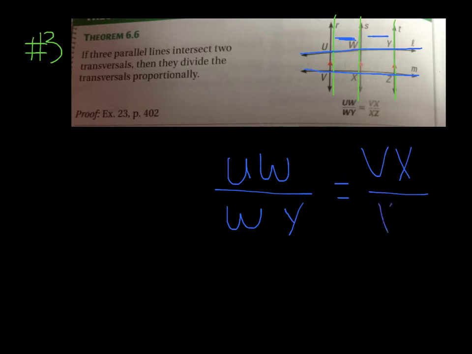If I'm just looking at transversal L, I can see my 2 segments that are formed are UW over WY. So I'm just going to rewrite what's already there: UW over WY. Now I'm going to follow suit when I look at the other transversal. Now I'm going to say VX over XZ.